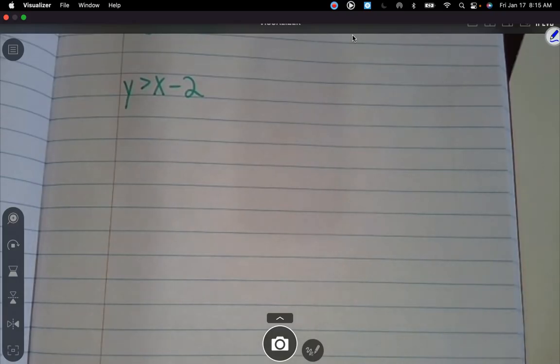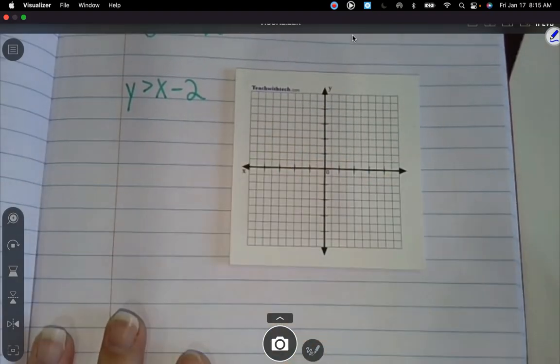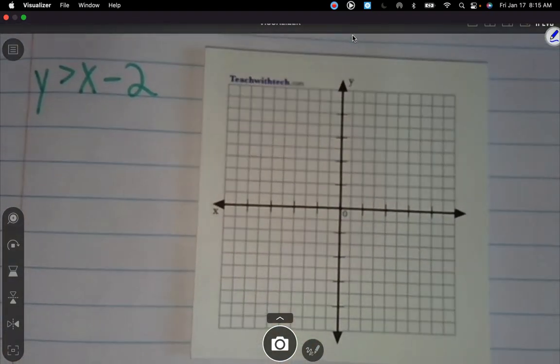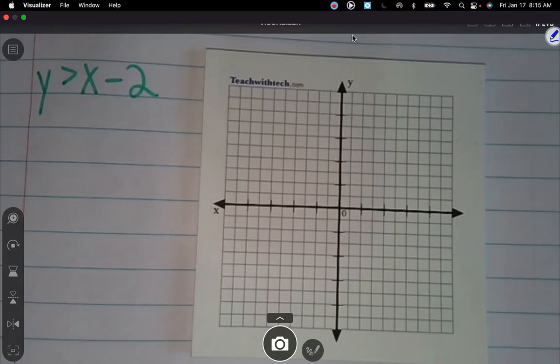Let's pretend it does. Let me show you how we used to graph, or how we do still graph, but it just depends on what it says. This one, okay, y is greater than x minus 2. Let's pretend for just a second, I'll graph in purple, that I'm graphing y equals x minus 2.